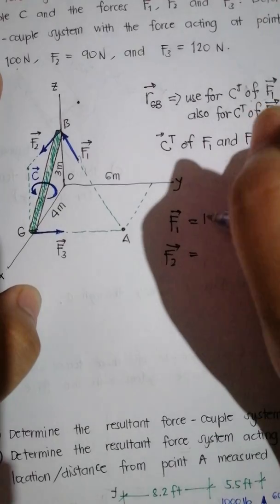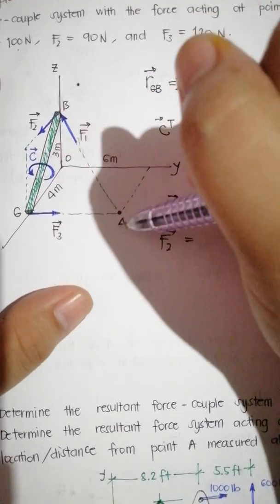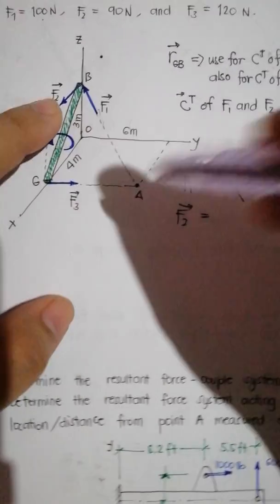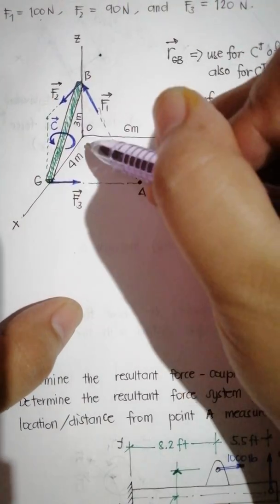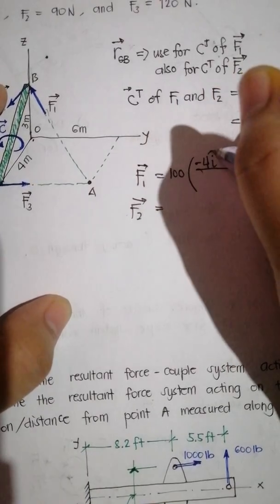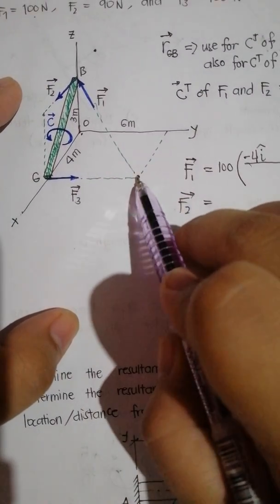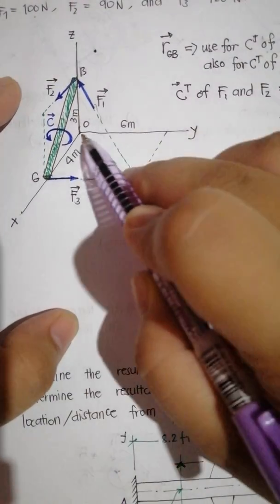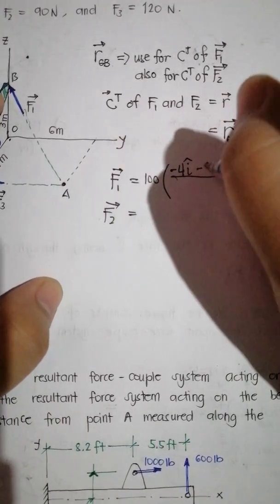F1 will have 100. Then for the lambda, we use the distance from A to B. So A to B, x component is 4 meters, negative. So we'll have negative 4i. And as for the y component, we'll have this one 6. So since papunta doon, negative 6j.